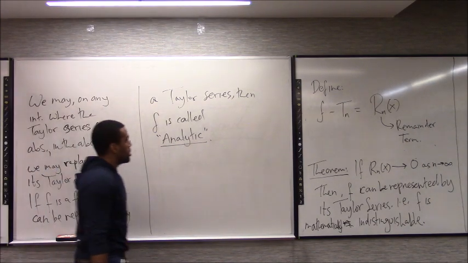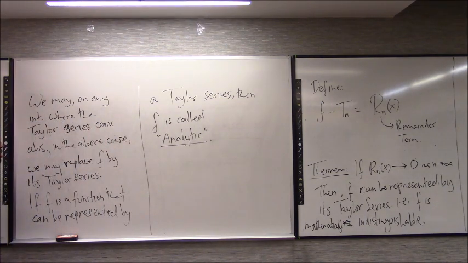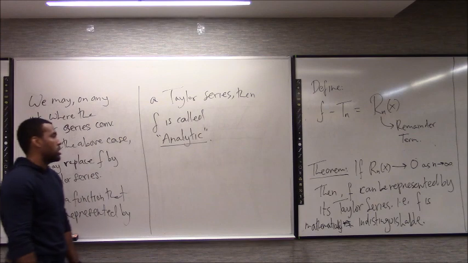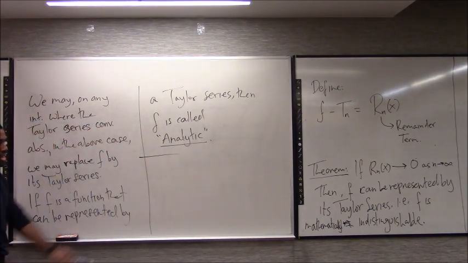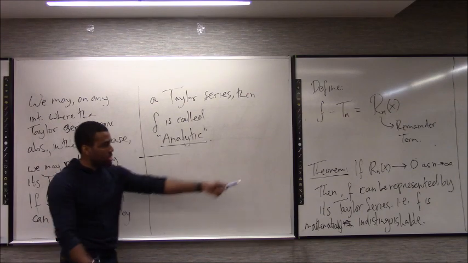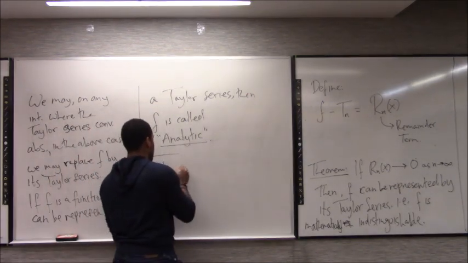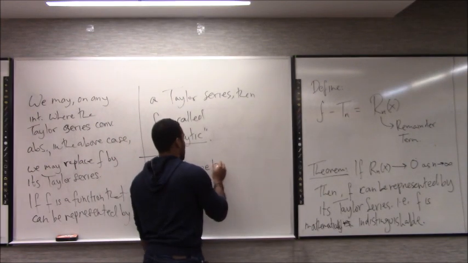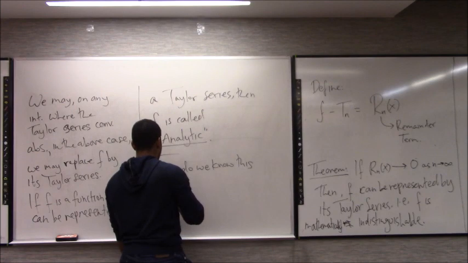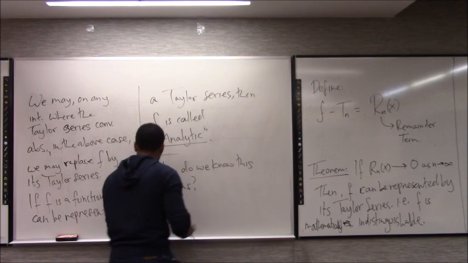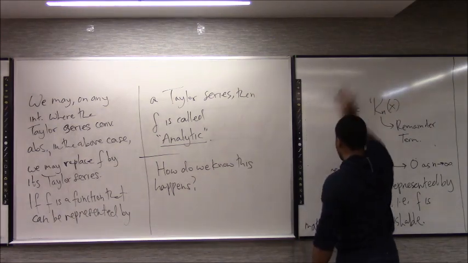So we can talk about the analytic functions, the functions that can be represented by a power series. And now the question is, how do we actually know that such a thing would happen? Or when such a thing happens, how would we know when it happens? Well, that is where Taylor's inequality comes in.